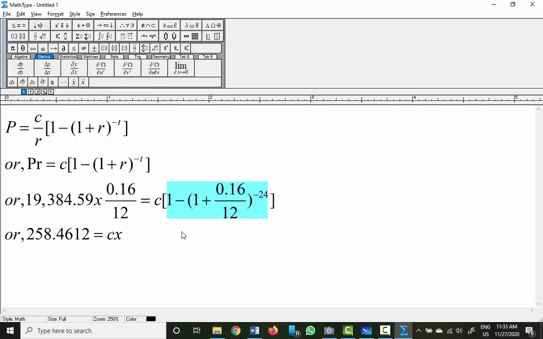So what we should get is 0.2723, right? So 0.2723, which means C will be equal to this one divided by this one.